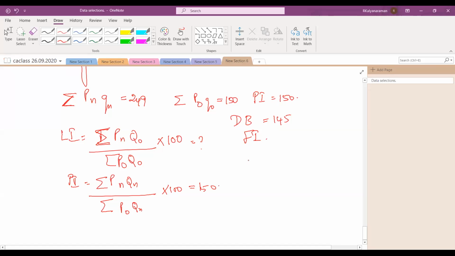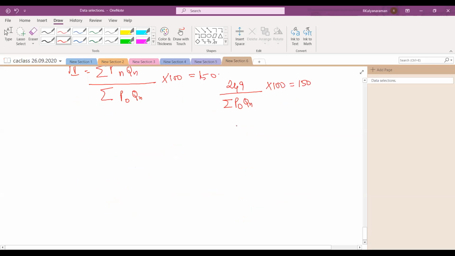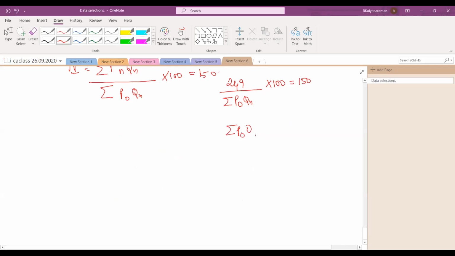Now sigma of PnQn is 249. So we have 249 by sigma of P0Qn into 100 is equal to 150. So sigma of P0Qn is equal to 249 into 100 by 150.